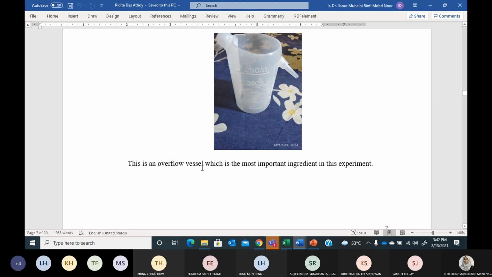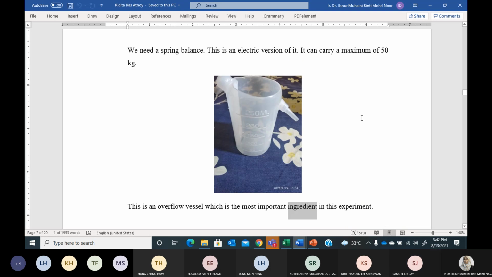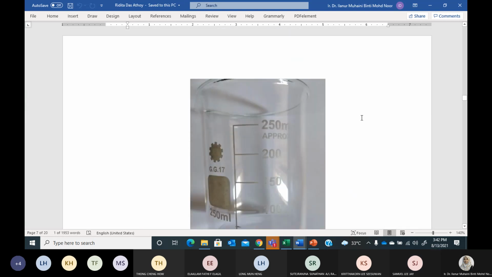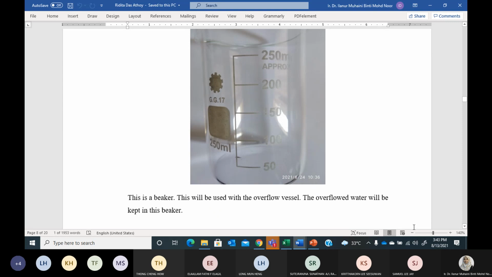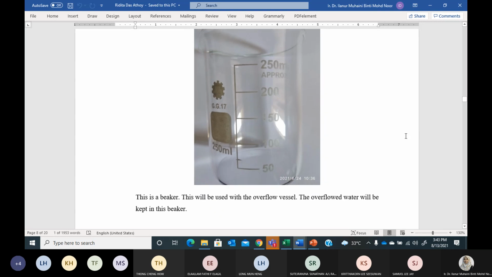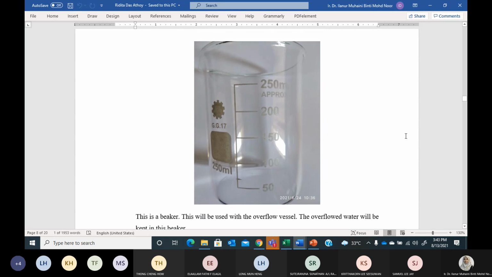This one, overflow vessel, which is the most important ingredient in this experiment. Not ingredient, this is what? Components. Apparatus. Ingredient is not suitable. Okay. This one is a beaker.